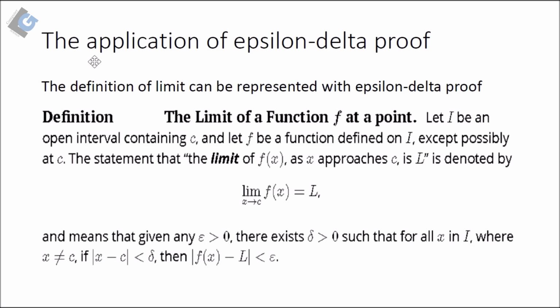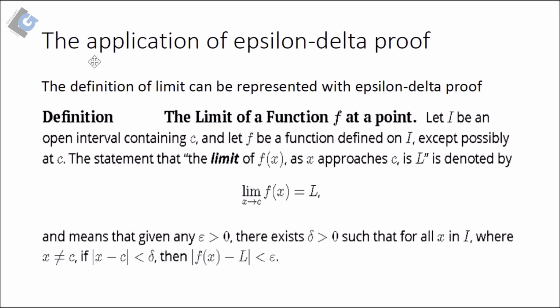This definition can be described by epsilon delta proof, which can be rephrased as: for any given positive epsilon, there exists a positive delta such that for all x in interval I, if the absolute value of x minus c is less than delta, then the absolute value of f(x) minus L is less than epsilon.